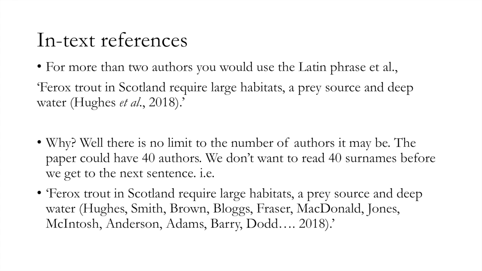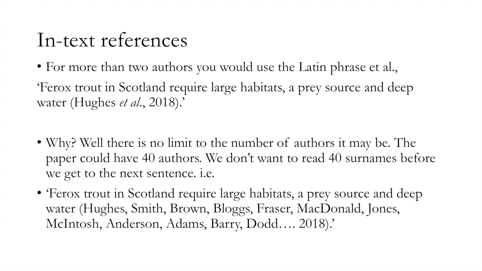So why did we do that? Well, there's actually no limit for the number of authors that could be on a paper, particularly if you read a paper that was contributed by lots of other people across the world. That's not uncommon. For example, we talked about apex predators. There's a great paper I read, but it had about 30 authors contributed to this single paper. It was quite a big read, and 30 authors is obviously a substantial amount of people.